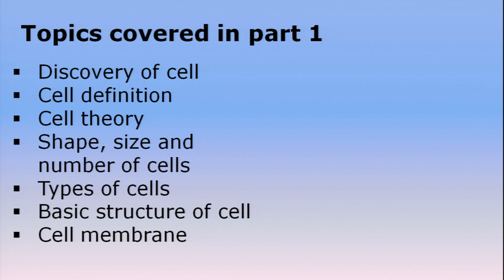Children, the topics that we covered in part 1 were discovery of cell, definition of cell theory, shape, size and number of cells, types of cells, basic structure of a cell and cell membrane.